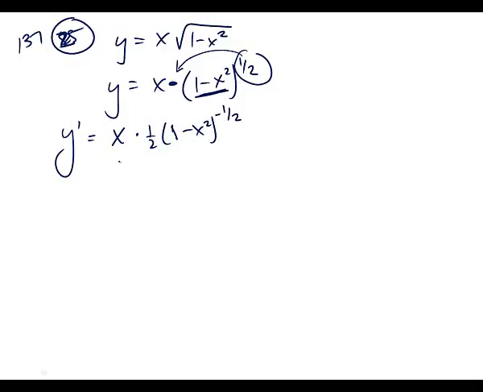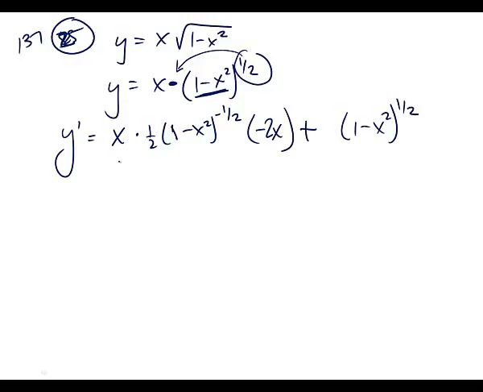And then the derivative of this is what? Negative 2x, plus keep the second, which is 1 minus x squared to the 1/2 power. What's the derivative of the first? Just 1. So I'm just going to leave it. There is no need to simplify it from there if you don't want to.